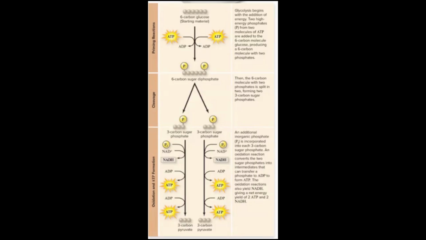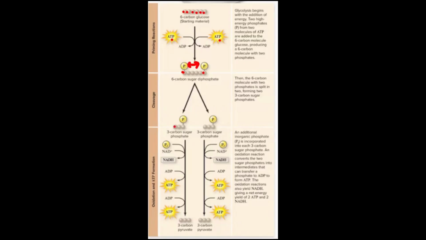All right, let's look at a more detailed diagram of what's going on here. So here we have our 6-carbon glucose molecule. We're going to take that 3rd phosphate group from one of our ATP molecules and stick it on the end of our 6-carbon sugar. Those phosphate groups repelling each other makes this unstable.